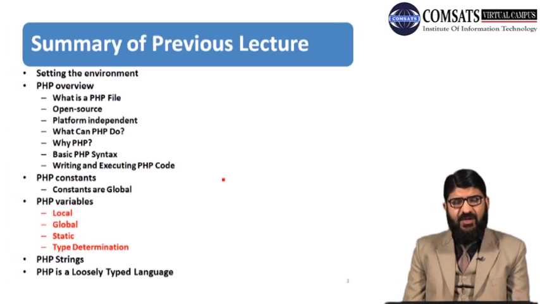And we have seen that we can also come to know the different types of variable by using the type determination. That variable type, data type is integer or float, and similarly so others.